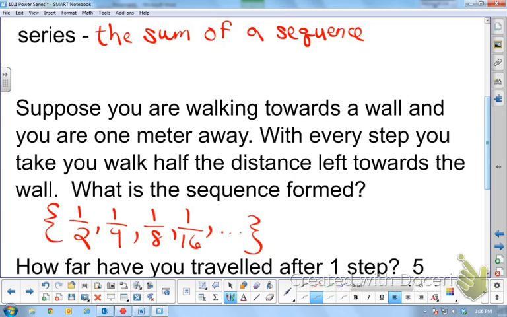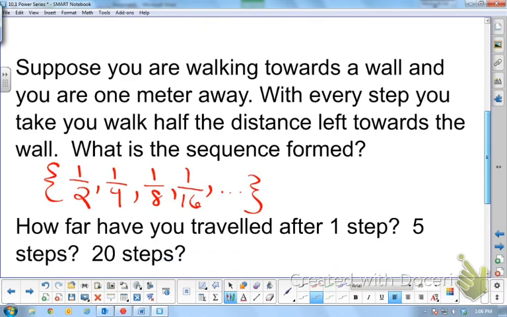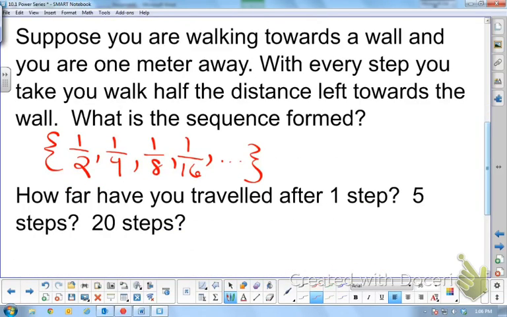But what if I ask you that same question in a different way? What if I don't want to know my location? What if I want to know my total distance traveled? So how far have I traveled after one step? Half a meter.